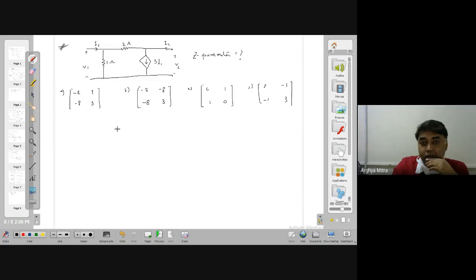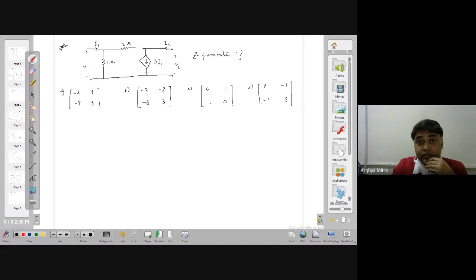Z parameter. What are the things we know about the Z parameter? If it is symmetric in nature, then Z11 must be equal to Z22. Is it symmetric? It's not. If it is reciprocal in nature, then Z12 must be equal to Z21. Is it reciprocal?